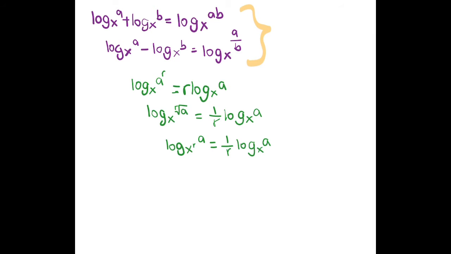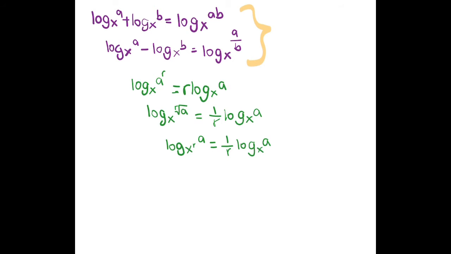Okay, so the next three written in green, we're actually going to use mostly for the AIME problem that I had shown below. So, log base x of a to the power of r. When a has a power, that power becomes the coefficient of the logarithm.